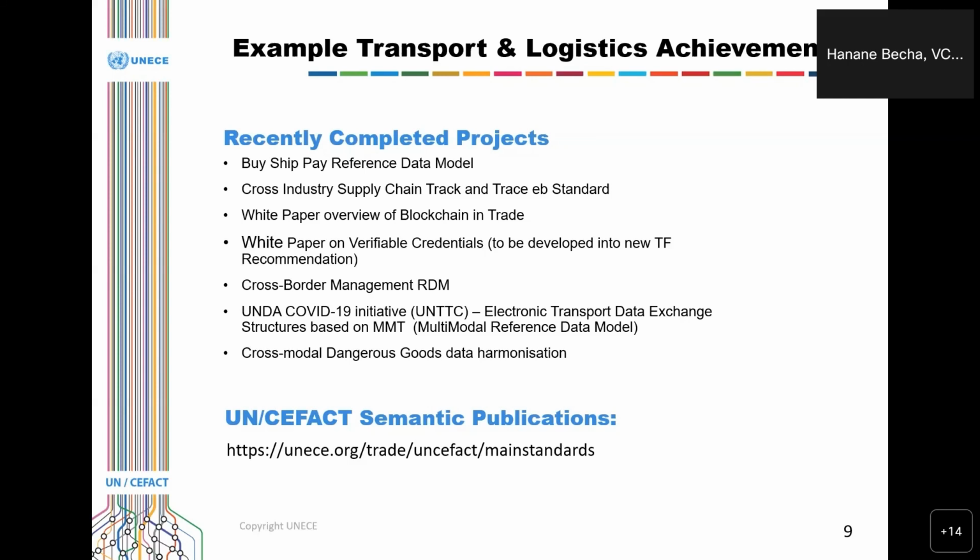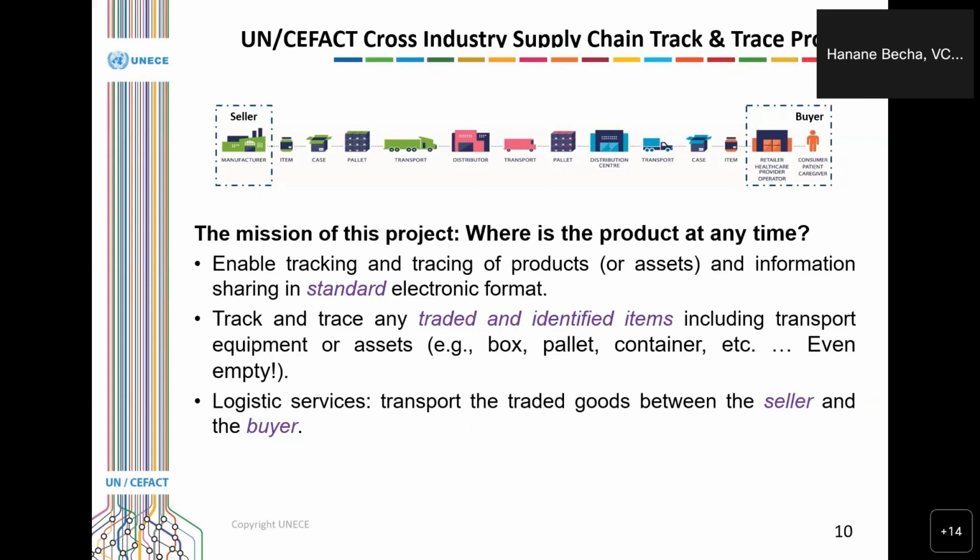I did mention this UN/CEFACT cross-industry standard, which is basically being able to track and trace any product, any asset, and share the information in a standard format. So when it comes to the visibility of the goods we are trading, we have visibility of the box, the pallet, the container, even when they are empty, and we are taking into account the different technologies, whether it's AIS tracking the vessel, smart containers, RFID, OCR, etc., just name it.